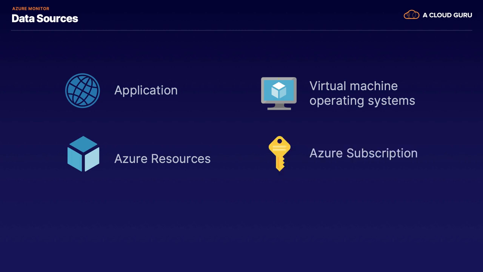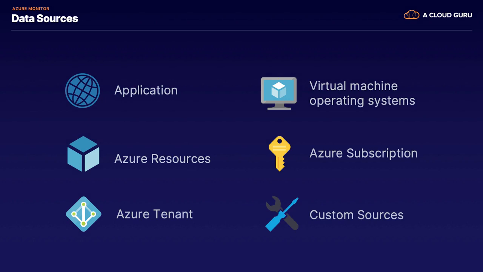Azure subscription data relating to the operation and management of an Azure subscription, as well as data about the health and operation of Azure itself. Azure tenant monitoring data on the operation of tenant-level Azure services, such as Azure Active Directory. And lastly, you can create your own custom data sources for Azure Monitor as well.